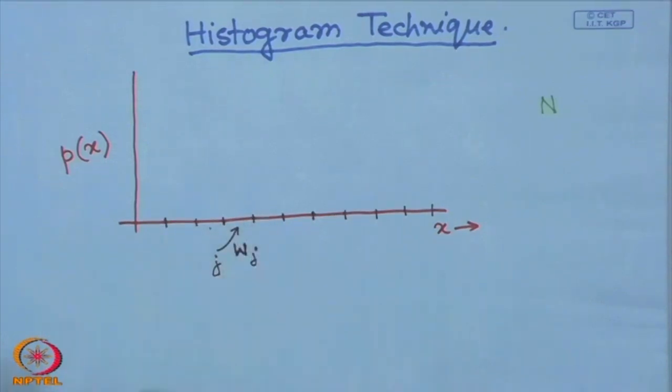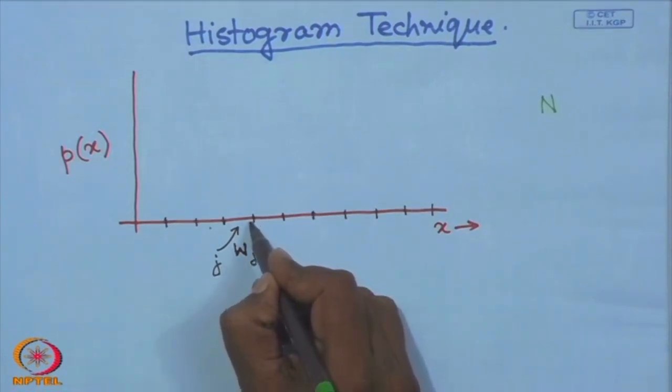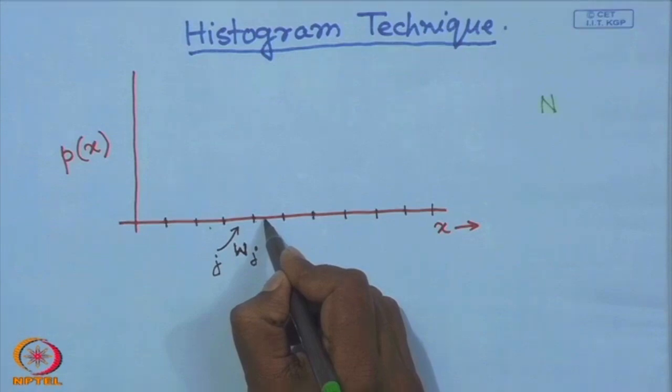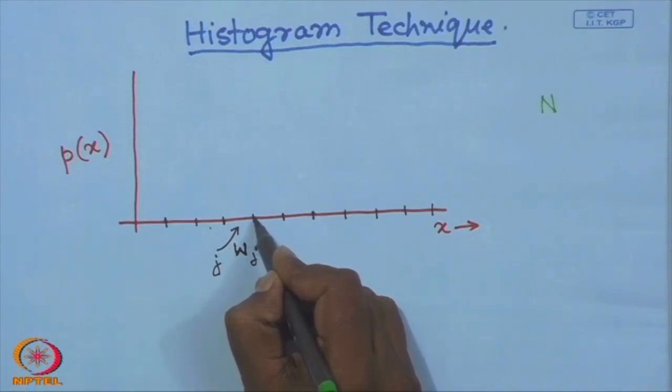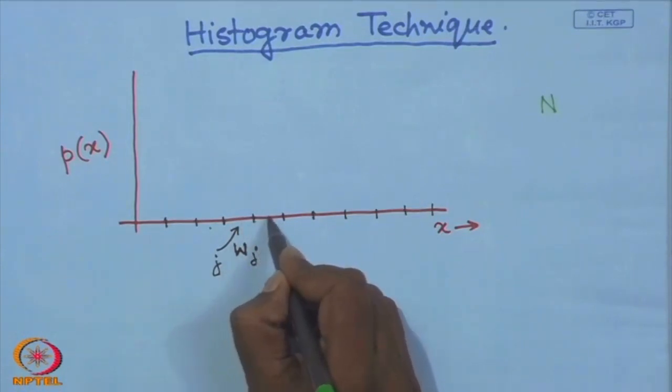In such situations, there is obviously an ambiguity whether the sample should be considered to belong to the jth interval or to the j minus first interval. Similarly, if the sample falls on the boundary between the jth and the j plus first interval, it is ambiguous whether it belongs to the jth interval or the j plus first interval.